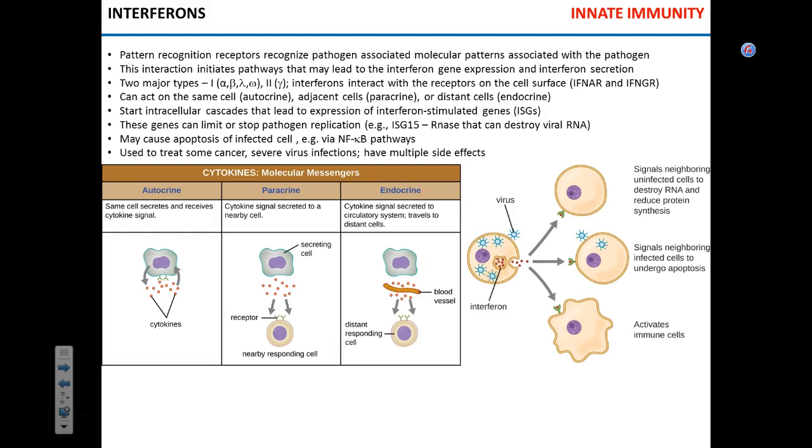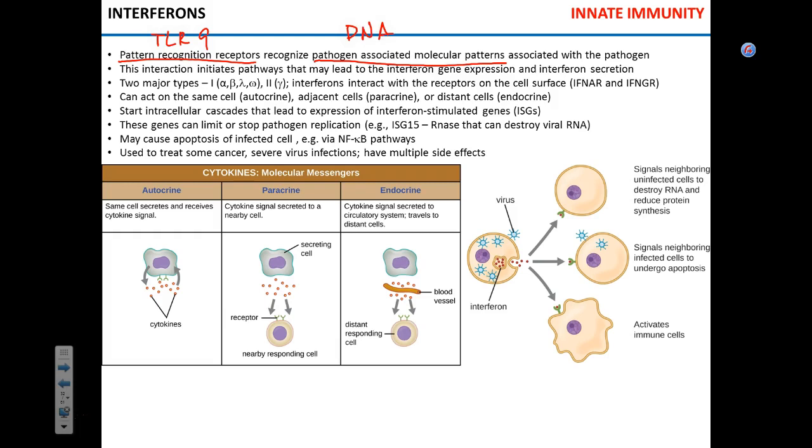Well, we will have to come back to our old friends, pattern recognition receptors. A pattern recognition receptor such as, say, TLR9. You don't have to write down the specific names, I'm just giving you an example, okay? TLR9 recognizes its corresponding pathogen-associated molecular pattern. For TLR9, it's going to be DNA.